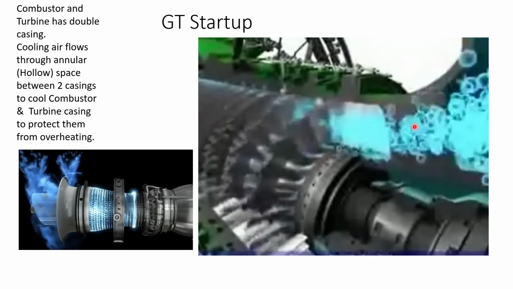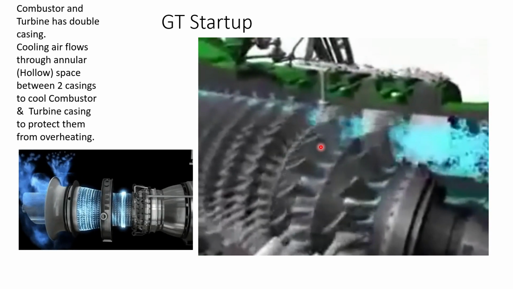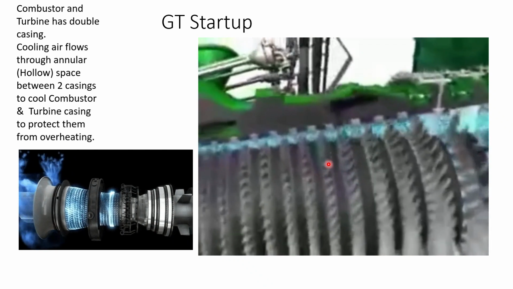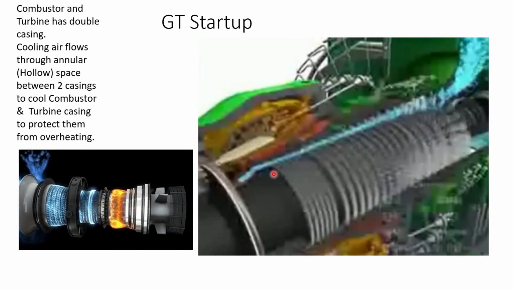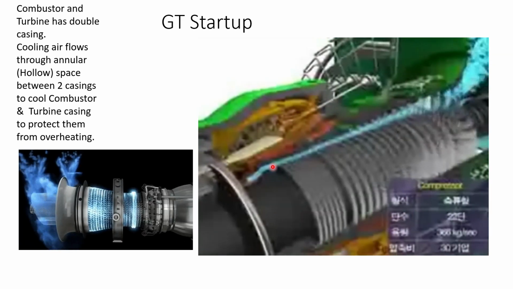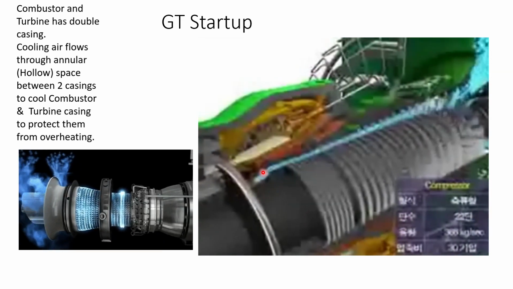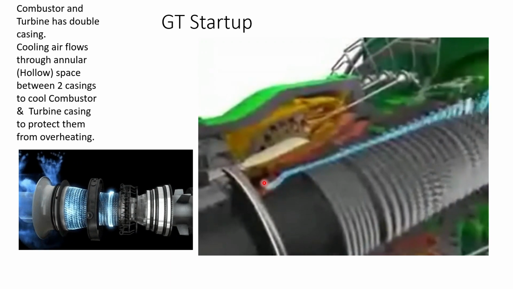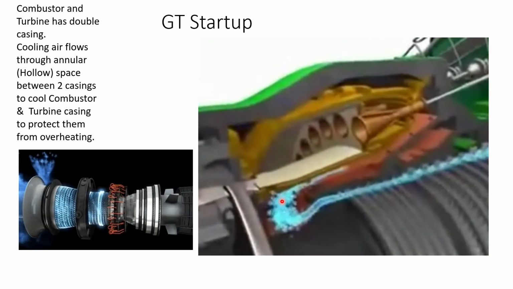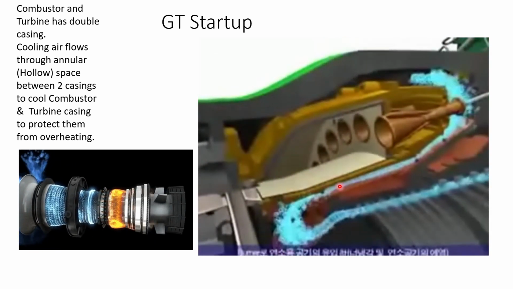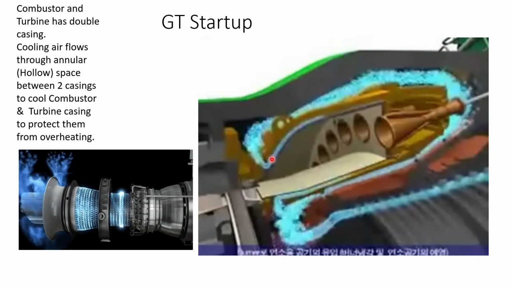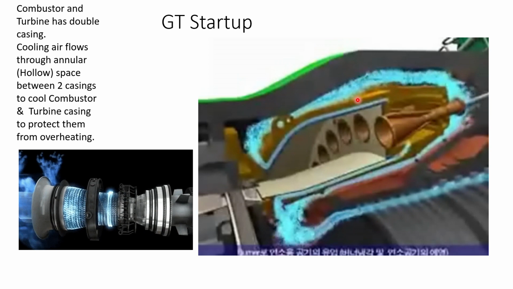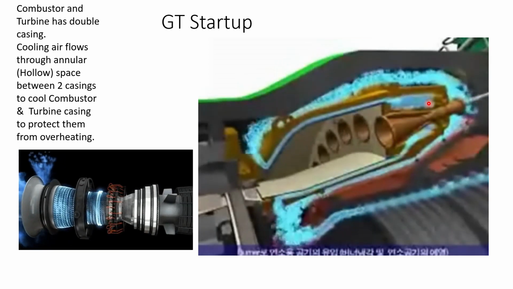Now you can see here the air is flowing and it is passing through the compressor. After that the air will be flowing to the combustion, and you see there is a hollow or narrow space through which it is passing, so that it pulls the combustion air.